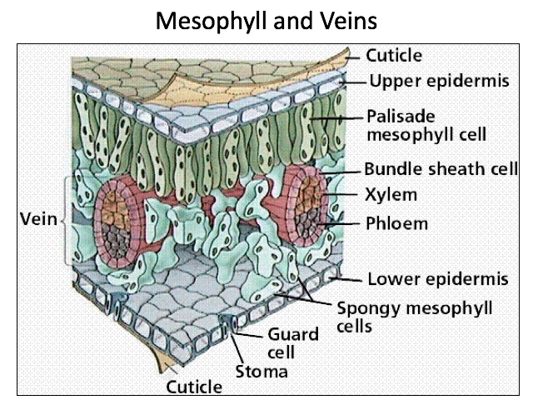Also notice the spongy mesophyll has a lot of air space between the cells. That is important because that allows for easy movement of gases into and out of the leaf, because most of the stomata are found in proximity to the spongy mesophyll cells.